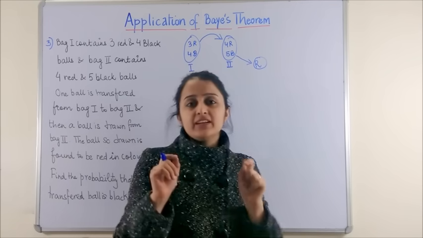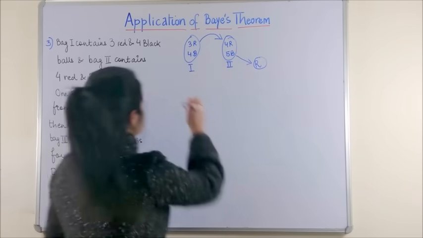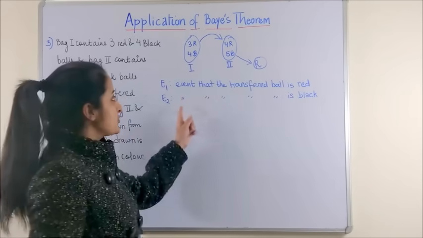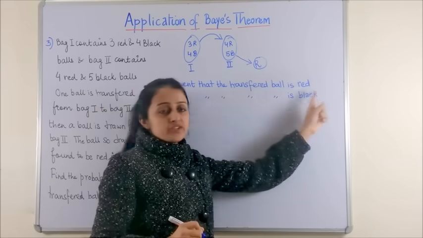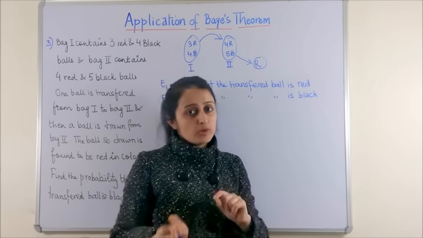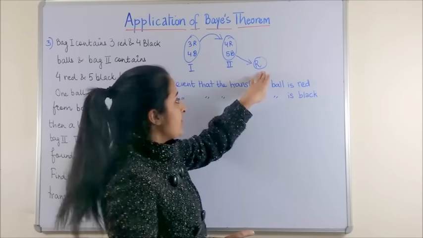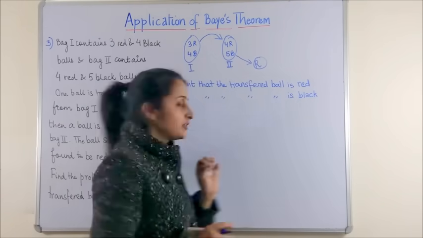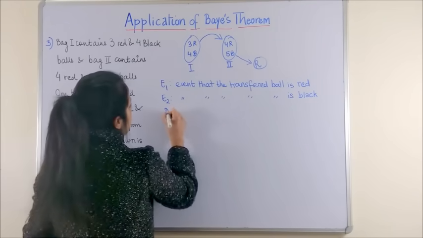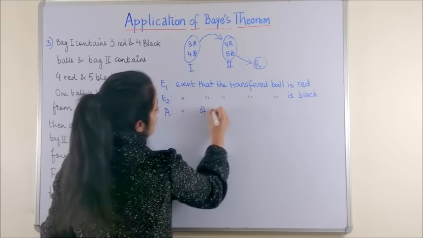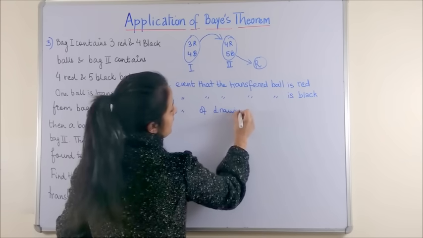So here writing the events might be slightly tricky. So this time we have these two events: the event that the transferred ball is red, or the event that the transferred ball is black. And the event that has already occurred is that we have drawn a red ball from bag 2. So A is the event of drawing a red ball.